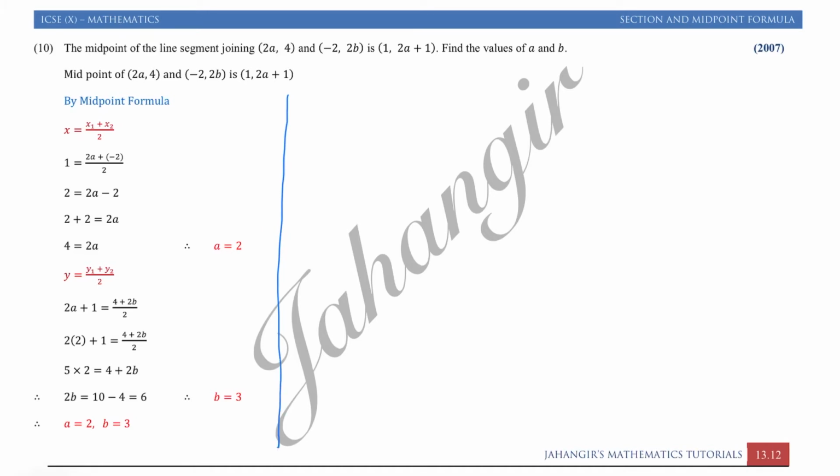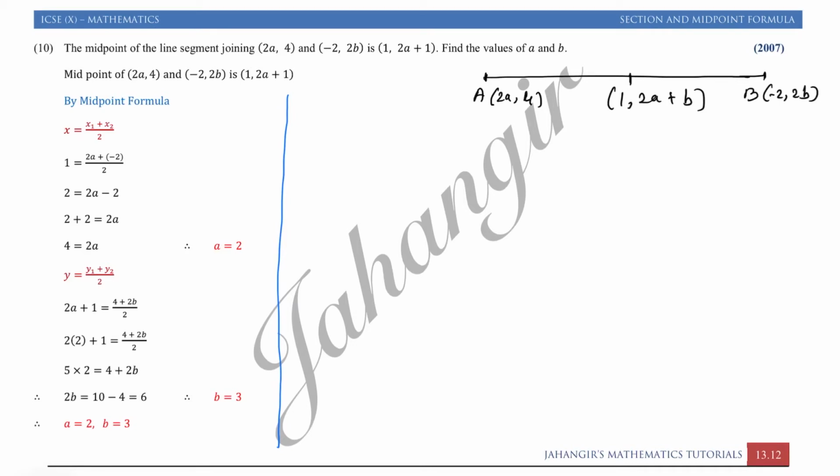Question number 10. The midpoint of the line segment joining A and B. Let us say that A is 2a comma 4 and B coordinate is minus 2 comma 2b and its midpoint is 1 comma 2a plus b. So now what we have to find?